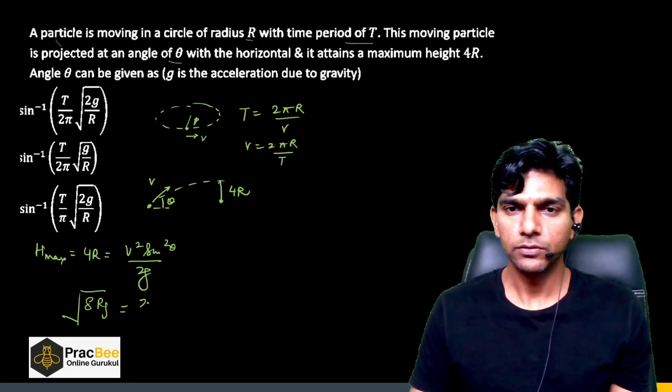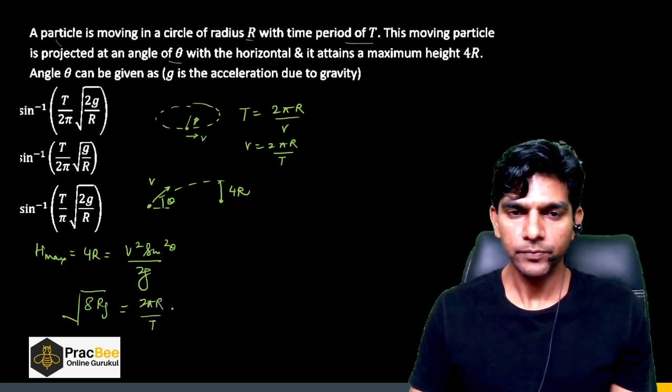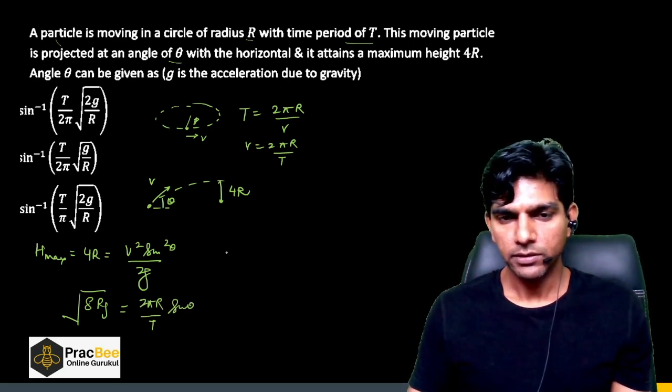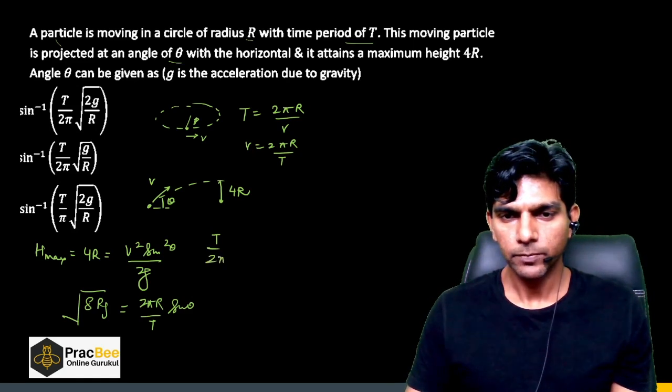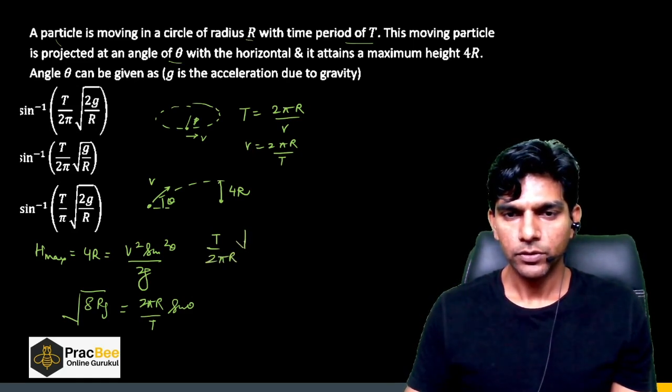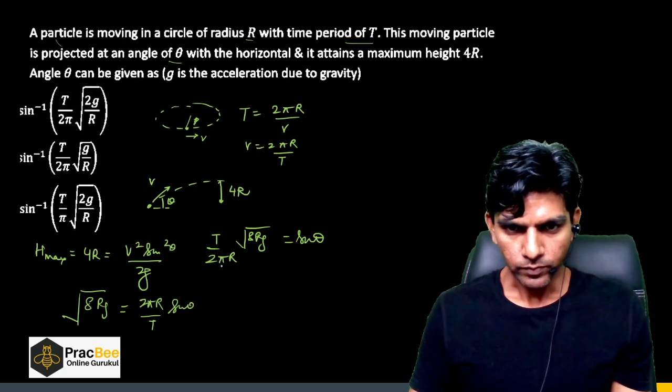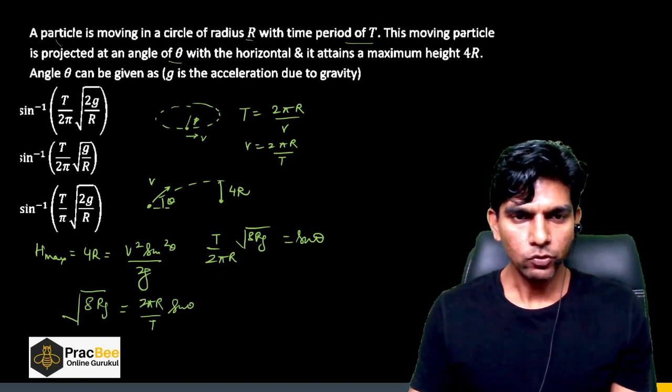So v is 2 pi r by T, sine theta. So if I take 2 pi r by T on the other side, we will get T by 2 pi r root of 8rg equals sine theta.